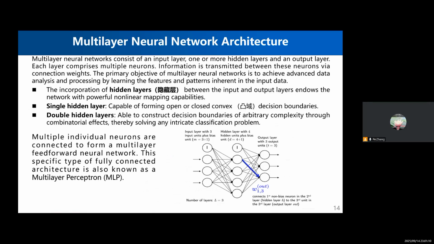A double hidden layer is able to construct decision boundaries of arbitrary complexity through combinational effects, thereby solving any intricate classification problem. Multiple individual neurons are connected to form a multi-layer feed-forward neural network. This specific type of fully connected architecture is also known as a multi-layer perceptron.